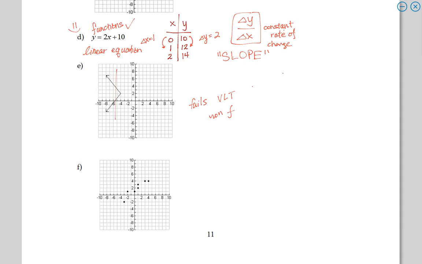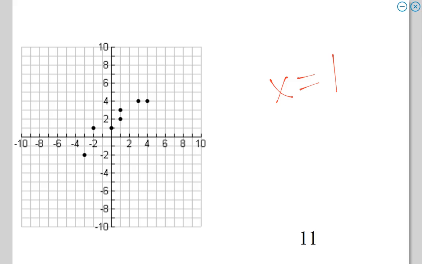Okay, and what about F? Not a function. How do you know? Where does it fail the vertical line test? X equals 1. And if some people are still struggling with this, what does x equals 1 mean? X is the horizontal axis, so it's 1 to the right. X is left and right. So you start at the origin, go 1 to the right.